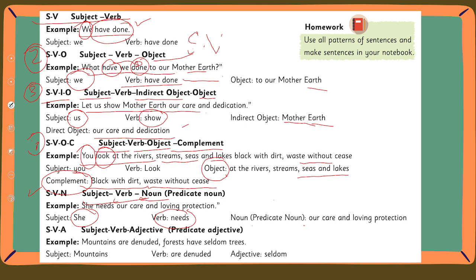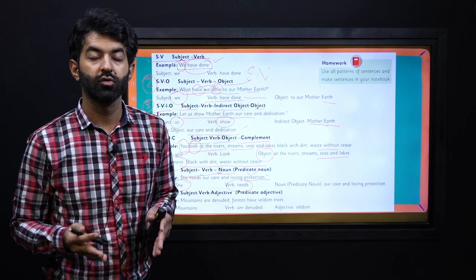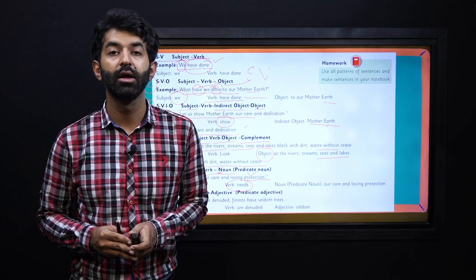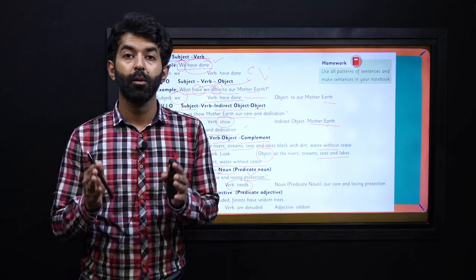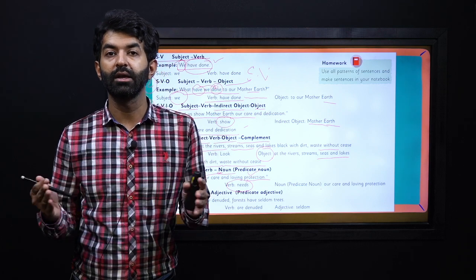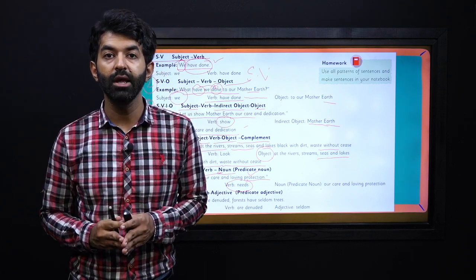She is our subject, needs is the verb, and protection, which we know is an abstract noun, and that's how we end it with a noun. So SVN, this is your sentence pattern, and by using this you can create any sentence and that would be totally correct.